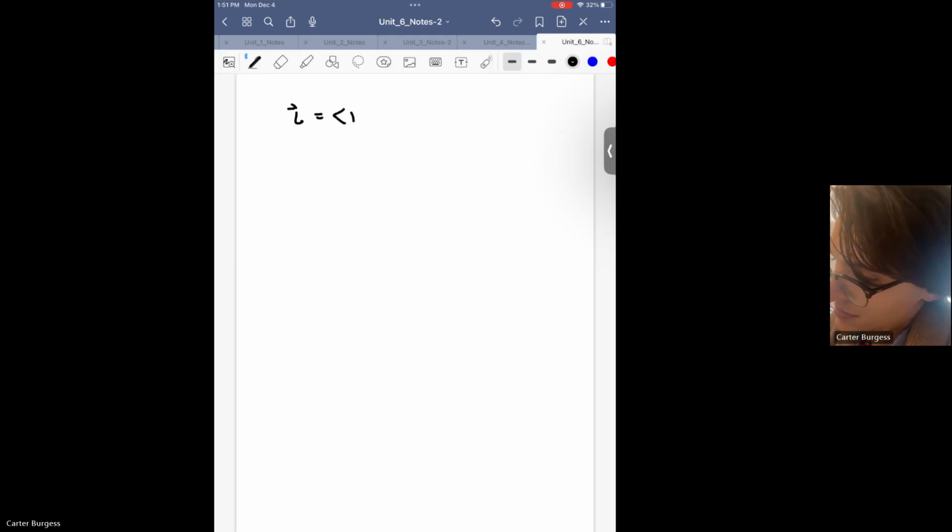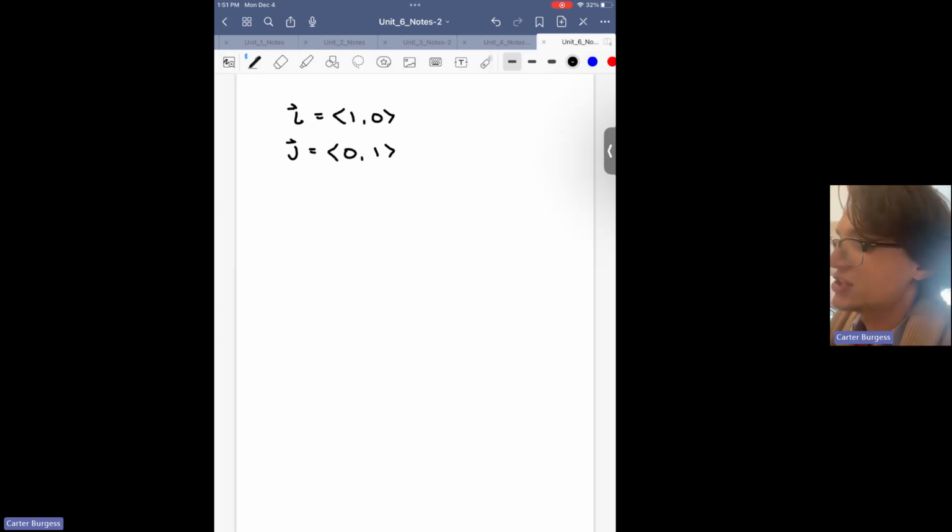The two vectors that we have already seen that do this were our vectors i and j, which are not trying to contribute anything magnitude-wise, but are instead just telling us that if we're going in the i direction, then we're following the x direction, and if we're in the j direction, then we are following the y direction.